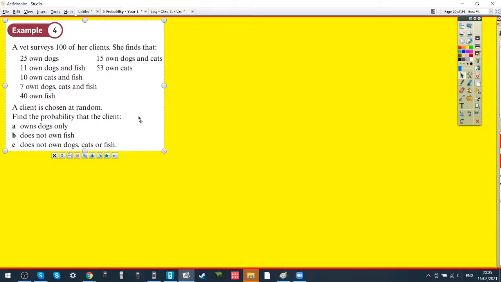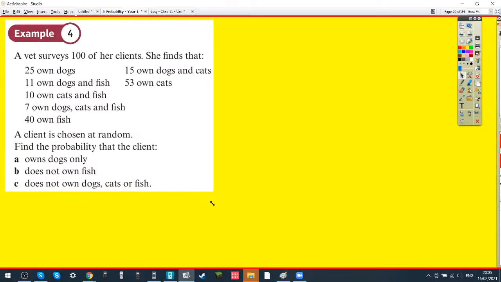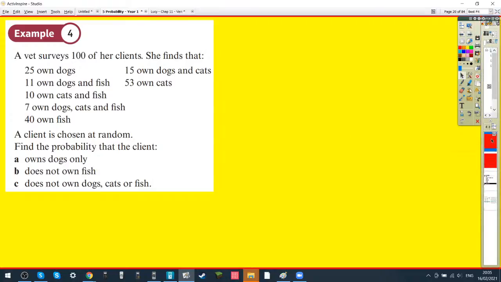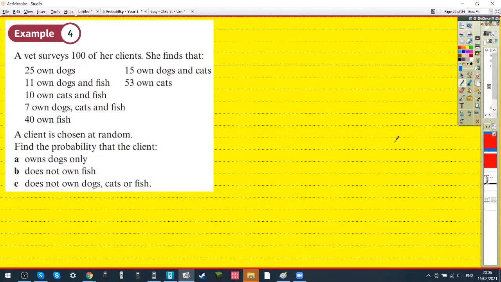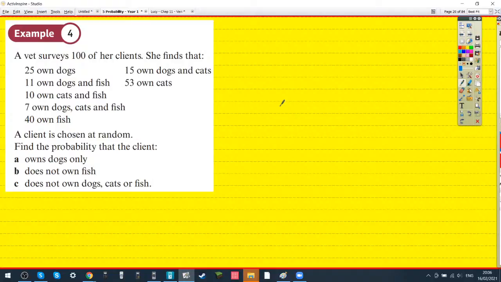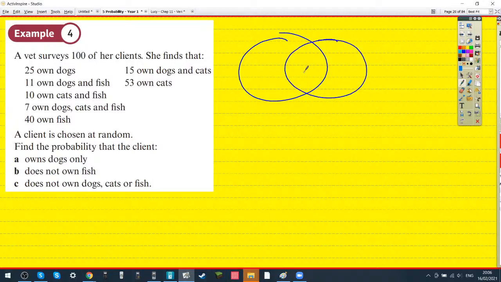My guess is this is 3 circles. Okay. So one would be for dogs, one would be for cats, and one would be for fishes. Yeah. Dogs, cats, fish. So would 7 be in the middle?